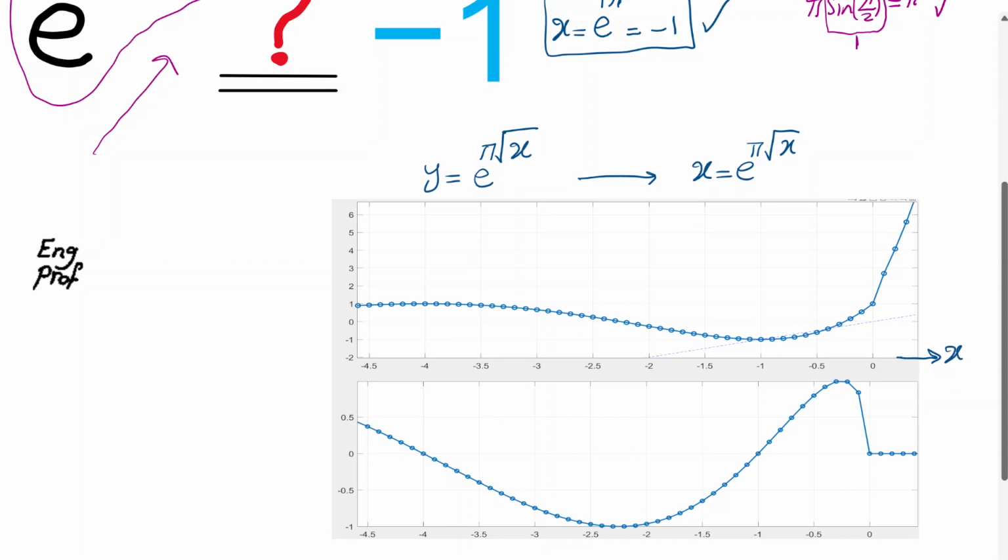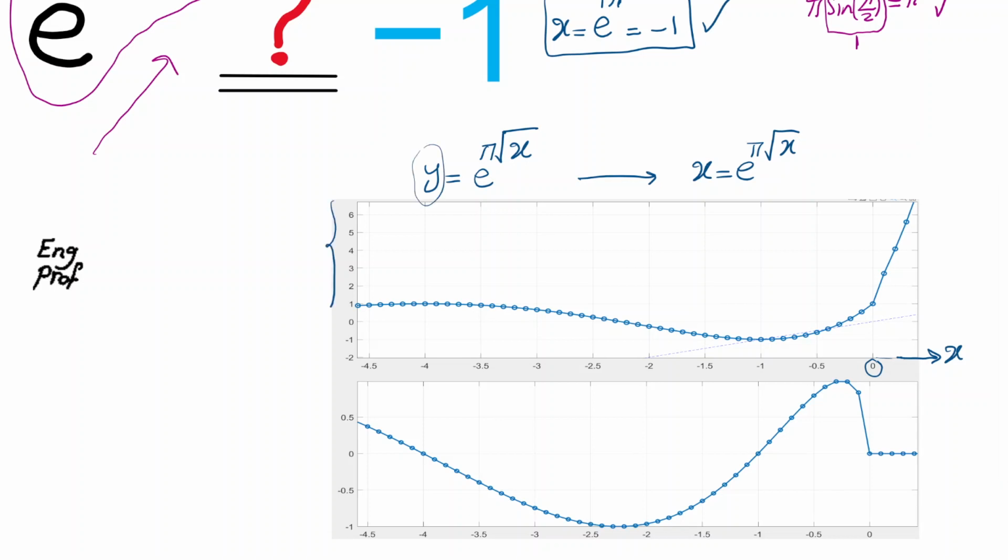So in this case, the x-axis is x, the input which goes under the square root. And you can see that for values above 0 for x, the output y increases exponentially, very quickly.